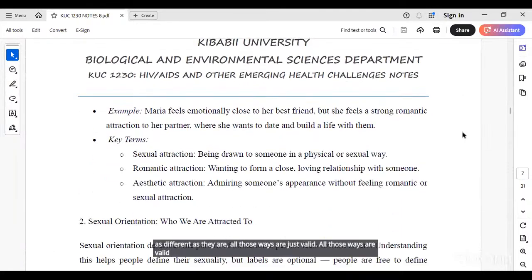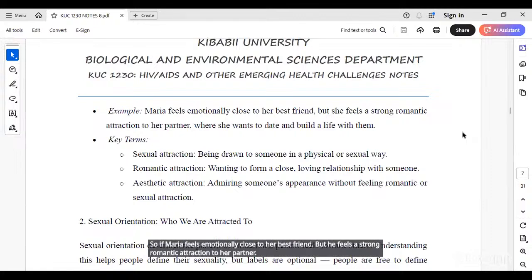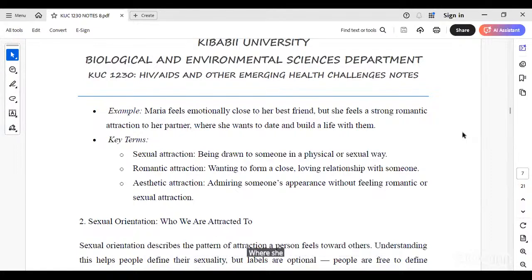The example I've given here is, I just picked a name, Maria. So if Maria feels emotionally close to her best friend, but she feels a strong romantic attraction to her partner, where she wants to date and build a life with them. So this is one person, but having different types of attractions to different people.